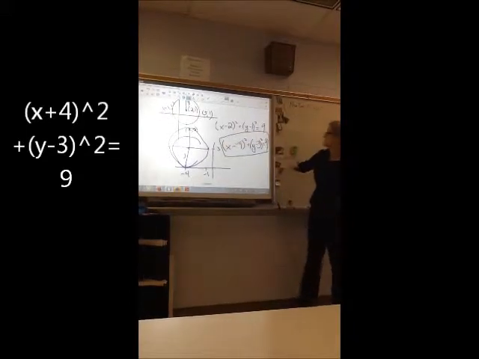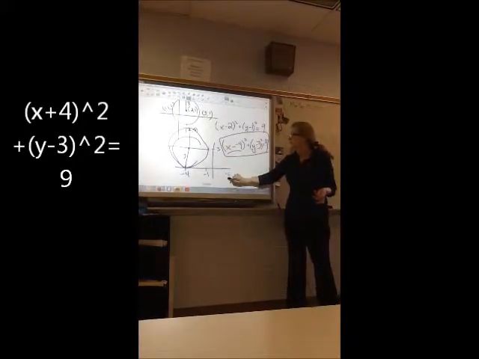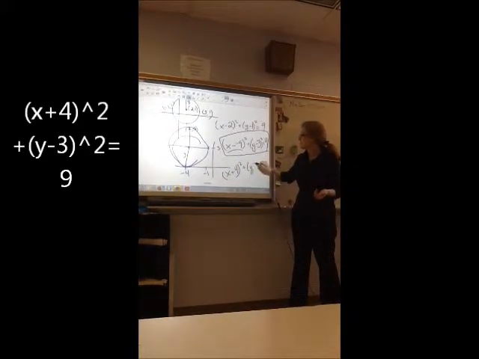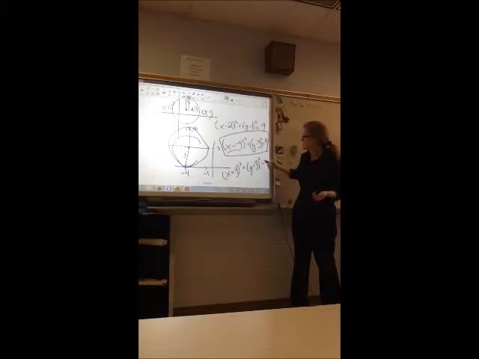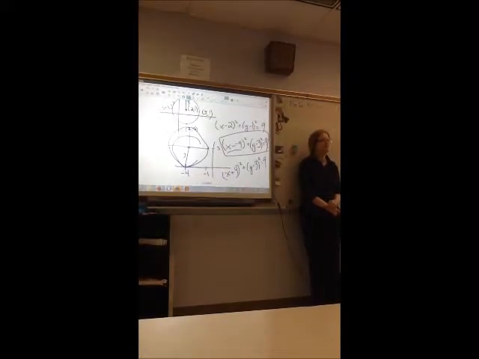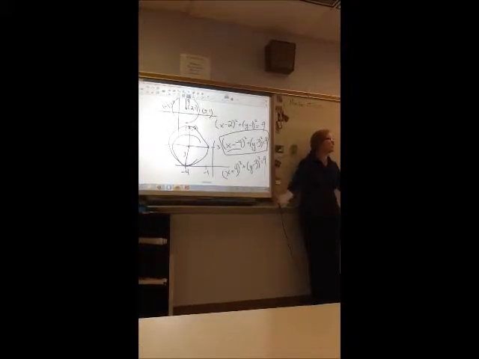This is the equation of that circle. And of course, usually when we do this, we rewrite it as (x plus 4) squared plus (y minus 3) squared equals 9. That's the very first problem at the top of your paper, so please write it down. And that's the answer. We put it in standard form.